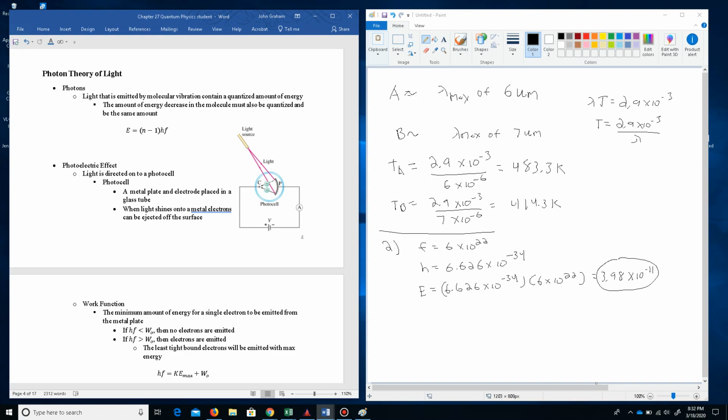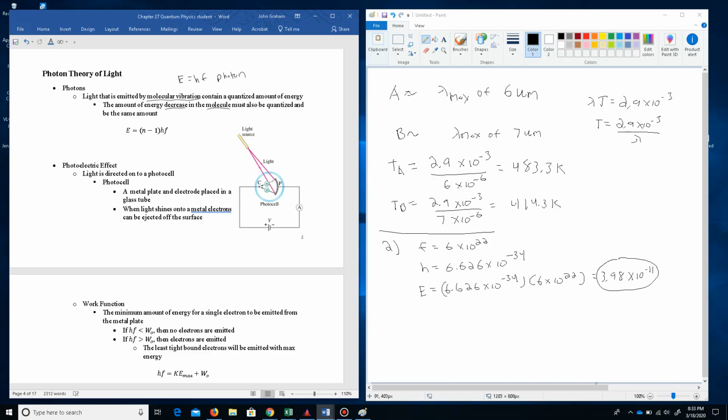And again, this is light being emitted by molecular vibrations. I don't think I can draw on this. Okay, I can. And this is what's being decreased in the molecule. Whereas up above, the n times hf was the actual photon.